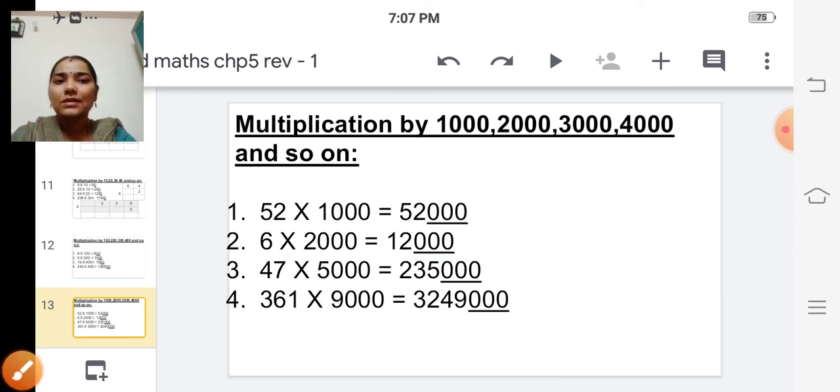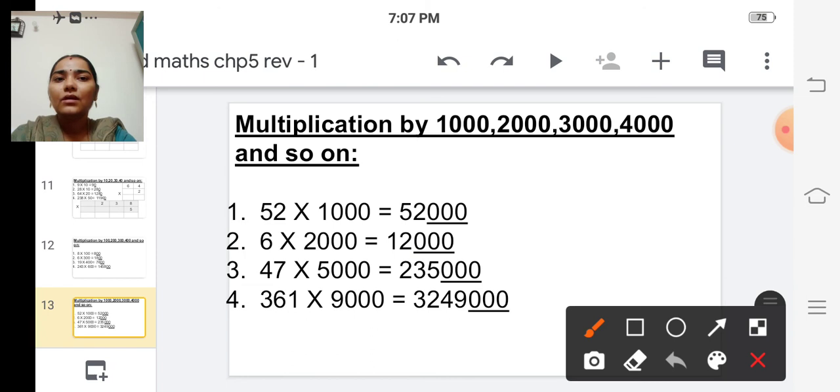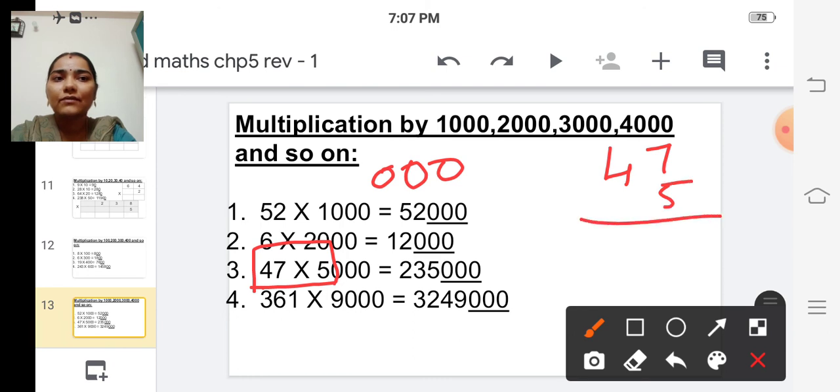Okay. See the next one. 47 into 5,000. So write 3 zeros at the end. And now multiply this 47 and 5. Okay. So shall we multiply 47 into 5. 5 sevens are 35. So write that 5 here. Carry over 3 to the next place.